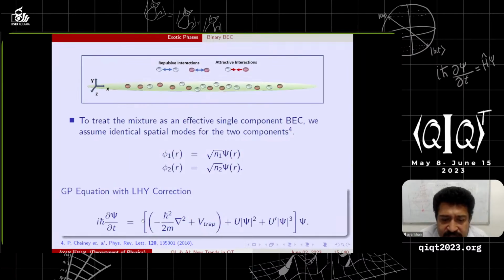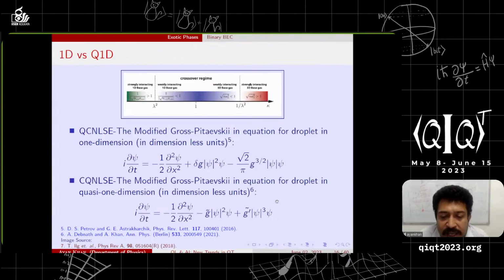But if we start from a three-dimensional system and do a systematic dimensional reduction, we can land on another equation for a quasi one-dimensional system where we have a quartic nonlinearity. So you see, it is a very interesting region. You observe that in 1D, my cubic nonlinearity is repulsive and the quadratic nonlinearity is attractive, whereas in quasi one dimension, my cubic nonlinearity is attractive and the quartic nonlinearity is repulsive.